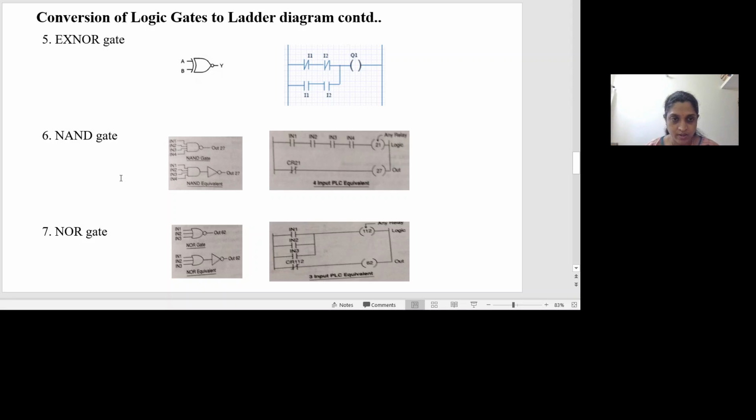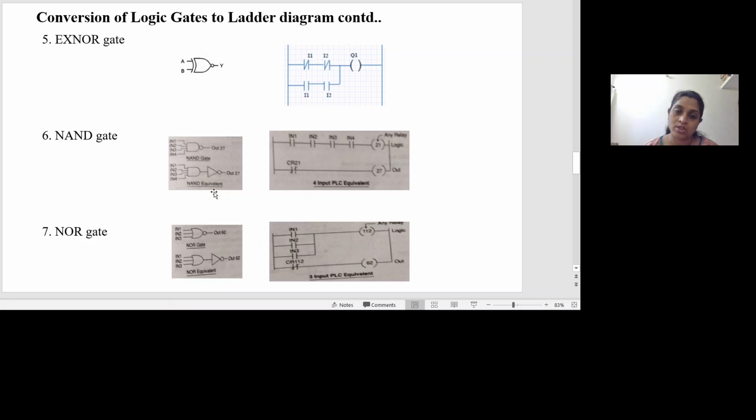The next gate we'll study is the NAND gate. I've shown a symbol of a NAND gate here. Here I've taken four inputs, IN1, 2, 3, 4, and the output is 27. This NAND gate, as I said in the last session, consists of two gates, an AND gate followed by a NOT gate.